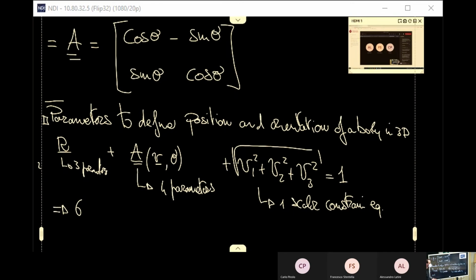If we know the local frame, we know the position and the orientation of the body itself as a whole. Then, as you said correctly, if we want to exactly know the position of a point, we need to know first the position of this point with respect to the local frame, that we have called R0 over bar. And then apply A and all the other things to be able to reconstruct its position in the inertial frame, right? But in general, if we know R and A, we know the position and the orientation of the local frame, and that's enough.